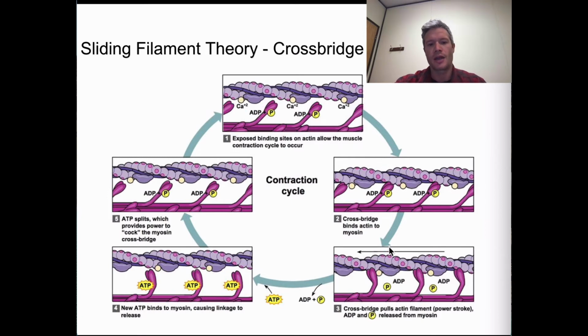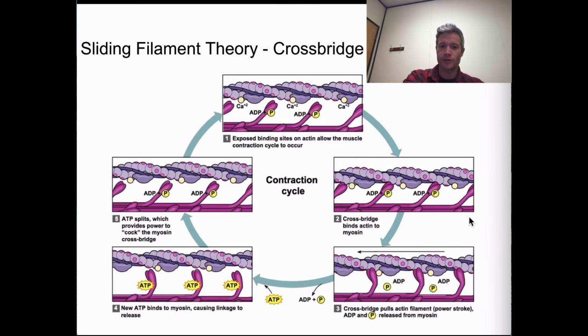Then we get the actual movement. So there's physical movement where these myosin cross bridges pull the actin. This is called the power stroke. So it pulls the actin towards the M line, which will pull the Z discs closer to one another. Just a little bit, because we just have a few globular heads here doing that.